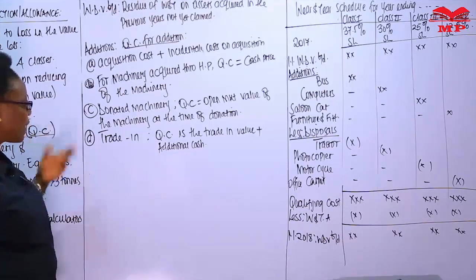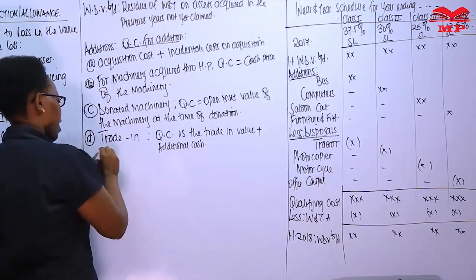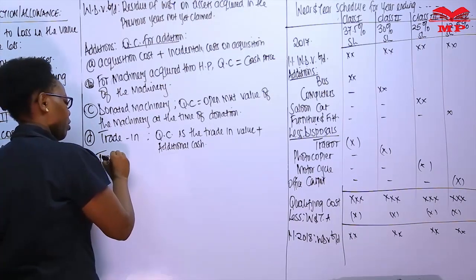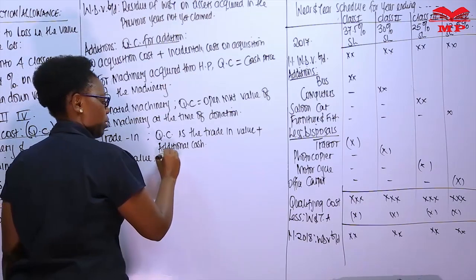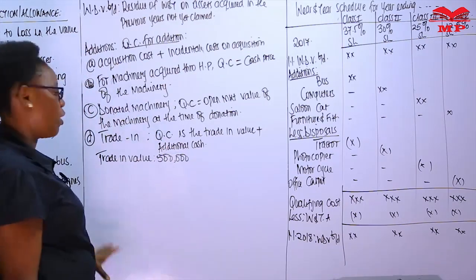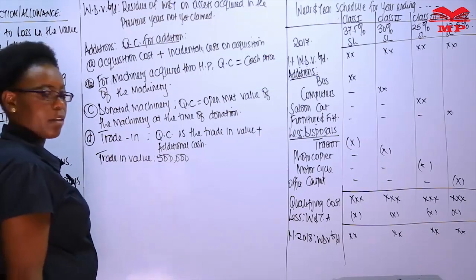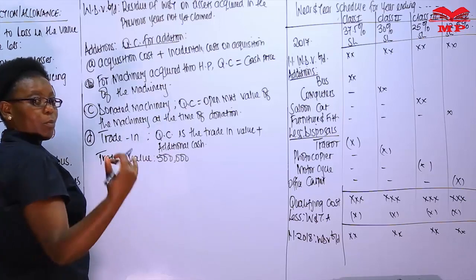So in such a situation, let's say we are trading in a vehicle and our trade-in value is, let's say, 500,000. So we've traded in an old commercial vehicle, trade-in value is 500,000. The cost of the new vehicle is, let's say, 1.5 million.